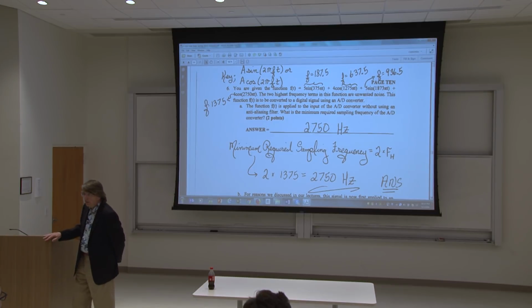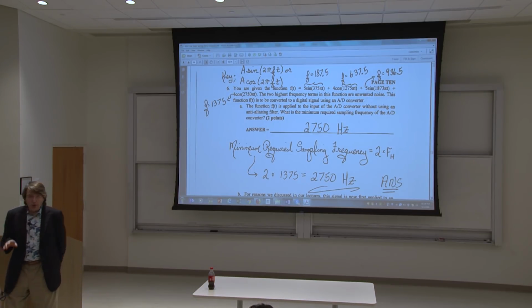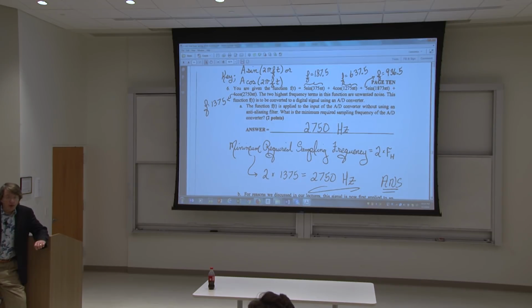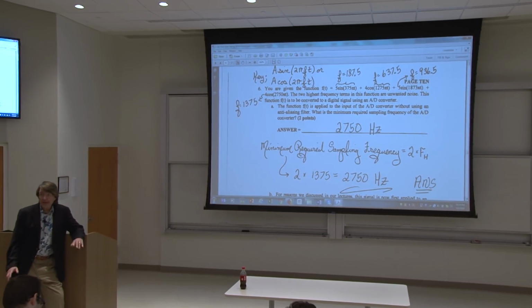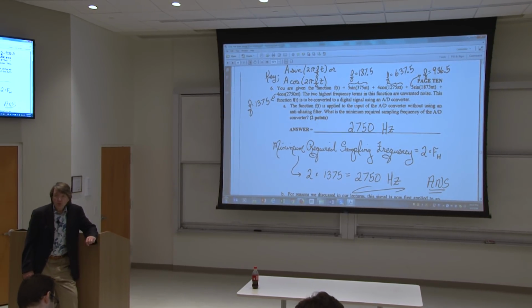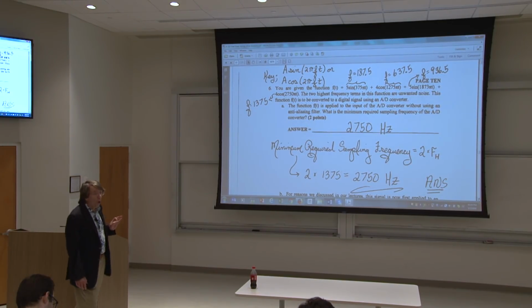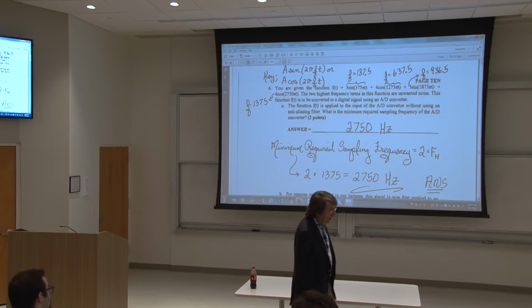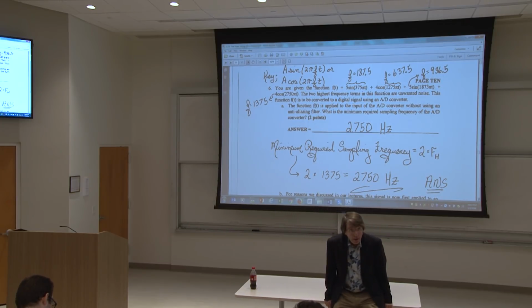Now, part A says, for some reason, that's not a good reason, you do not use an anti-aliasing filter. So you apply the whole signal to the A to D converter. If you apply the entire signal, all 4 terms, to the A to D converter, you got to sample at twice the highest frequency.